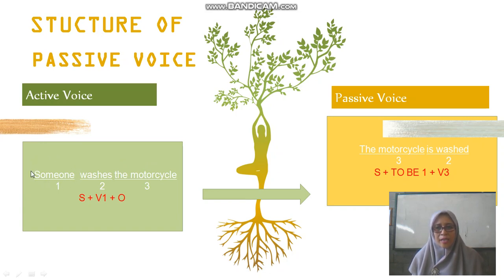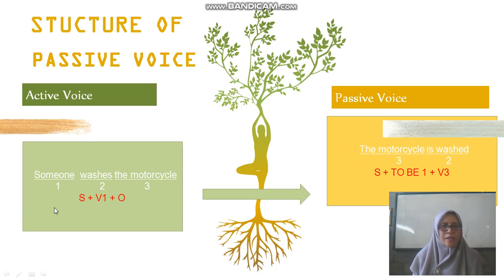The subject is someone. Washes is the verb, and the motorcycle is the object. When you want to change this active voice into passive voice, please put the object first. So the motorcycle, which is the object in the active voice, becomes the subject in the passive voice, here at the first.